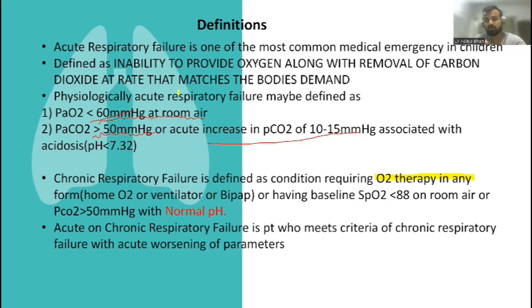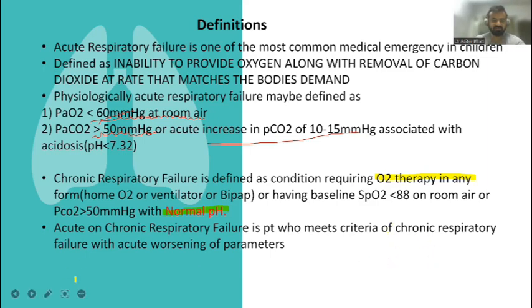But in conditions like bronchopulmonary dysplasia or SMA, we have to give the patient O2 therapy at home. This is associated with normal pH because the respiratory acidosis is balanced out by metabolic alkalosis. PaCO2 is increased, but the total pH is normal because of compensation by the kidney.